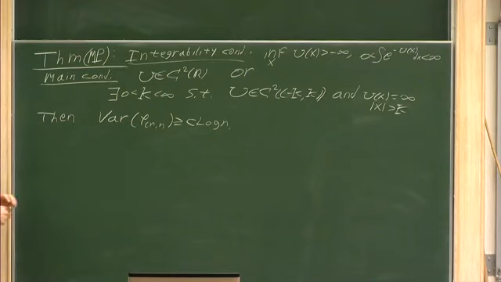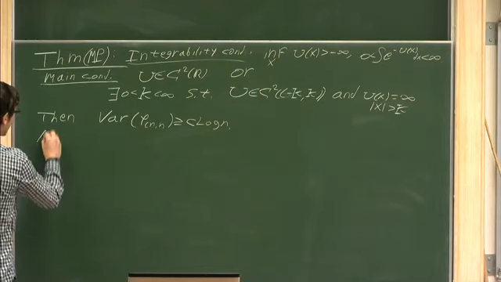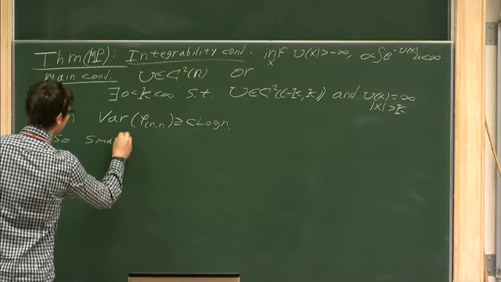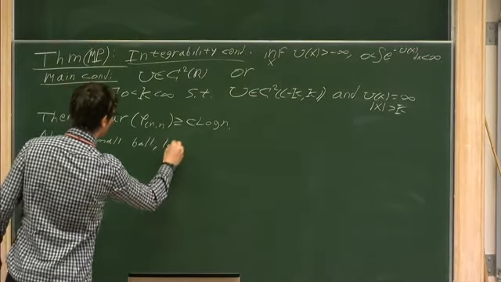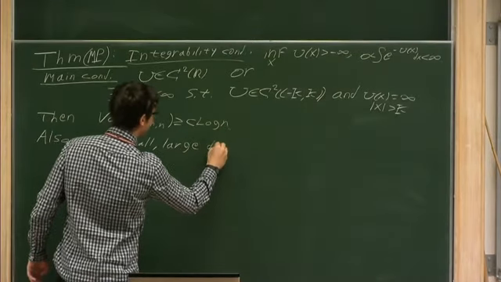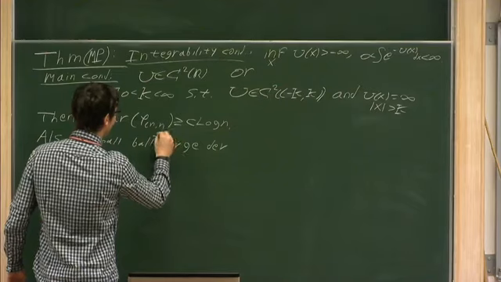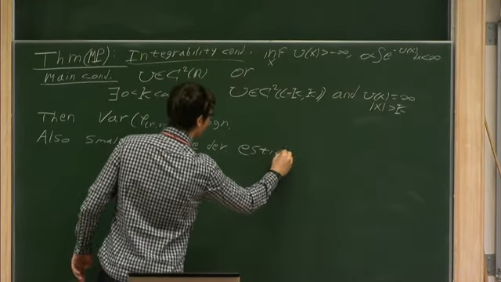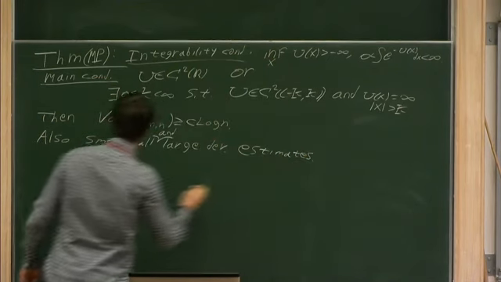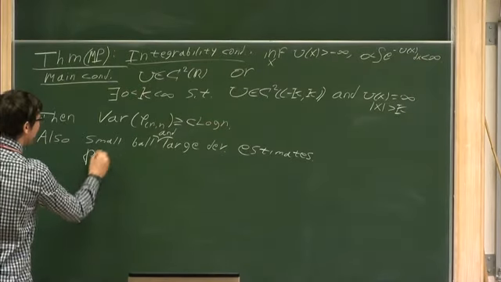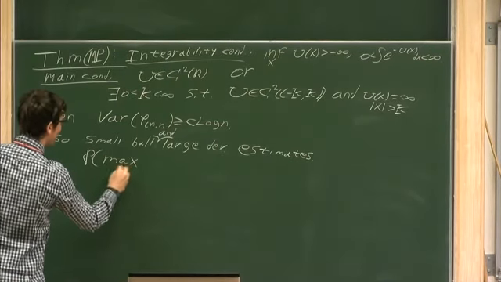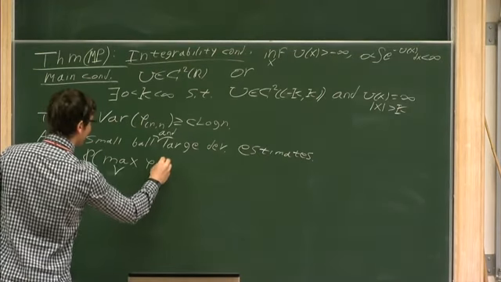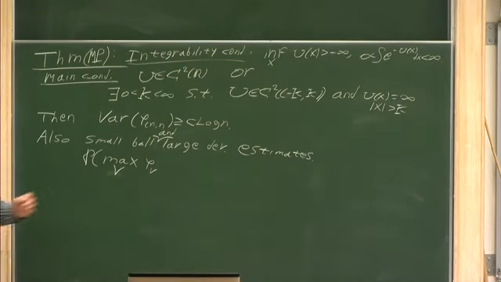There are some other results of a similar flavor. I won't write them down, but let me mention that we also have small ball and large deviation estimates. And maybe one result which I will write down, we also know the probability that the maximum over v of phi v, what would you expect that to be?